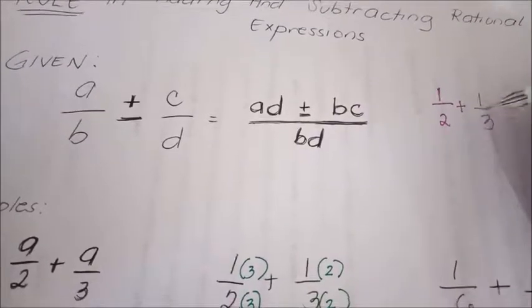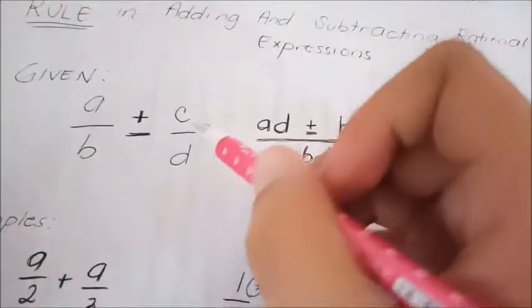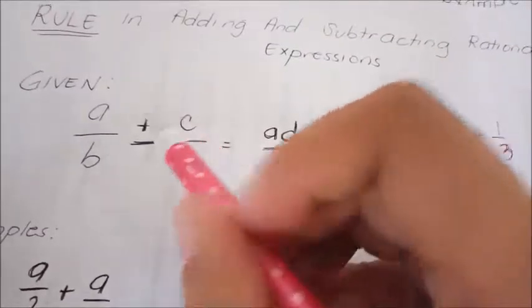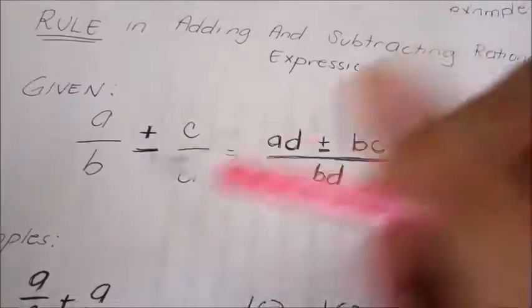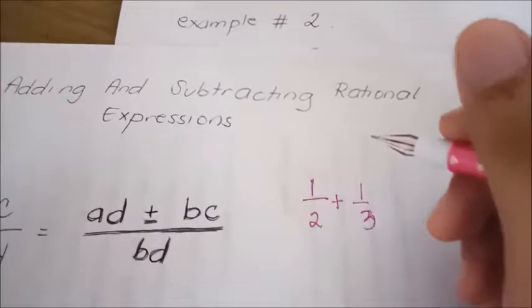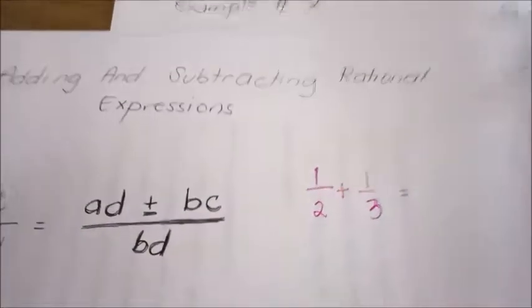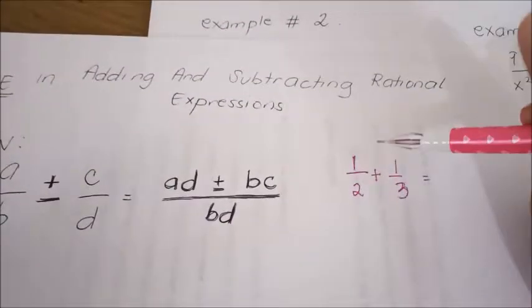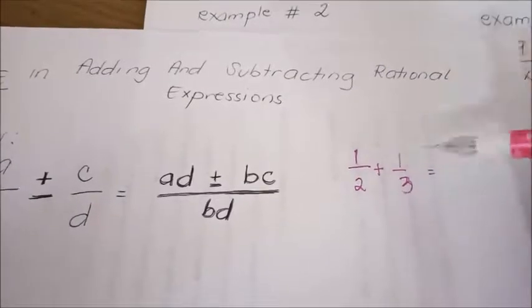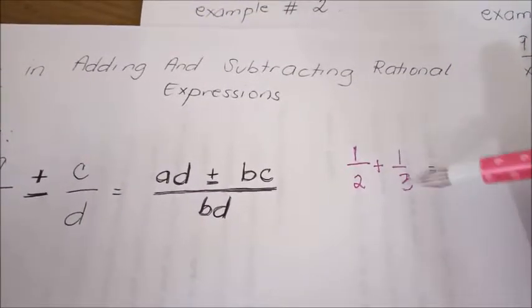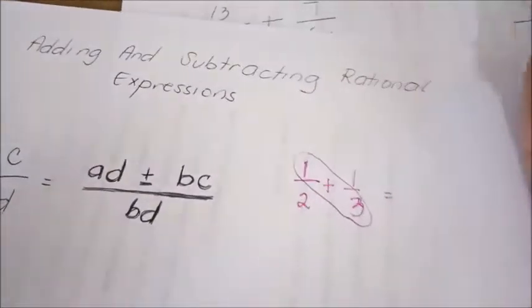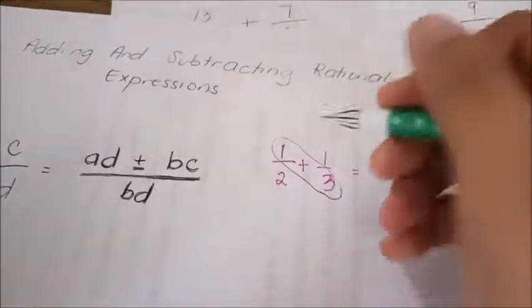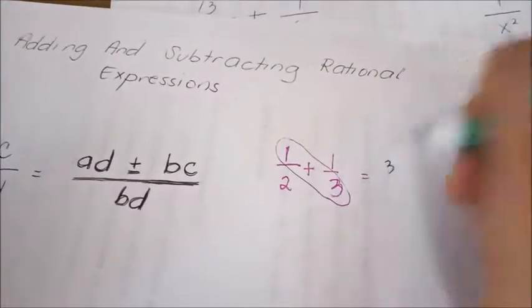Plus or minus the product of the numerator of the second and the denominator of the first. Okay? All over the product of the denominator. So, i-apply natin. Cross-multiply kumbaga, no? Okay? So, we are to get the product of A, which is 1, and 3, which is our denominator. Ayan. So, i-multiply natin tong dalawang to. Okay? So, 1 times 3 is 3.